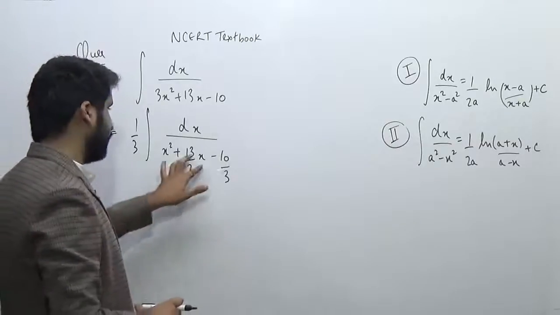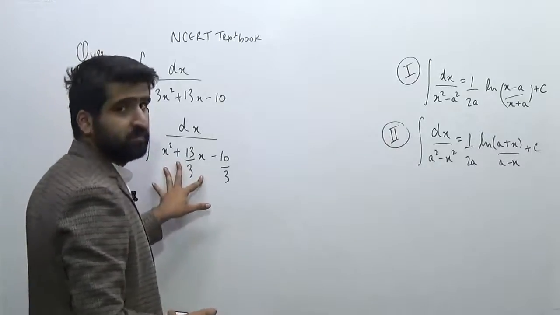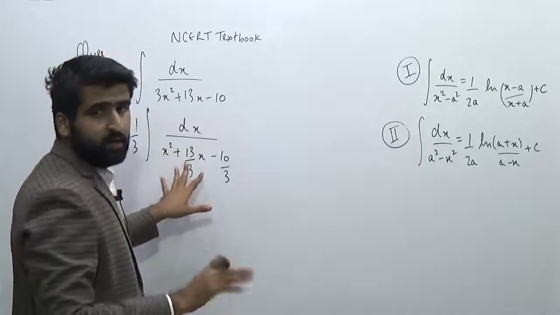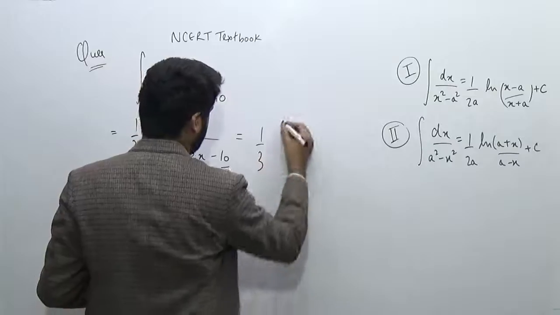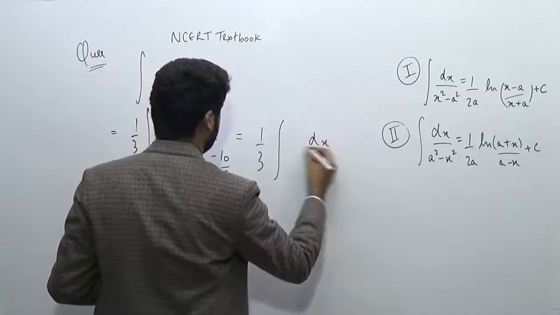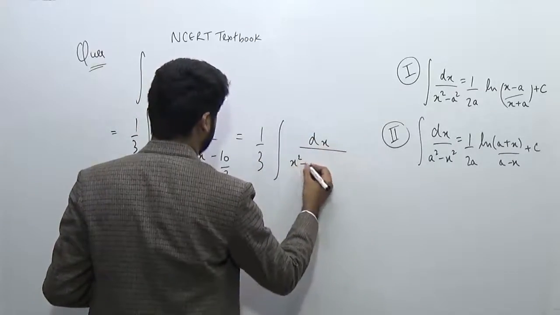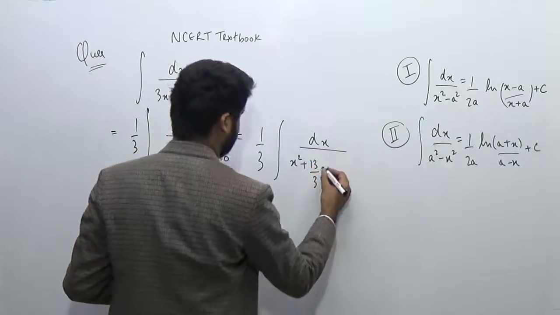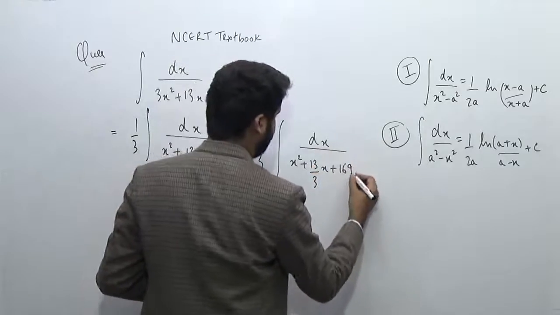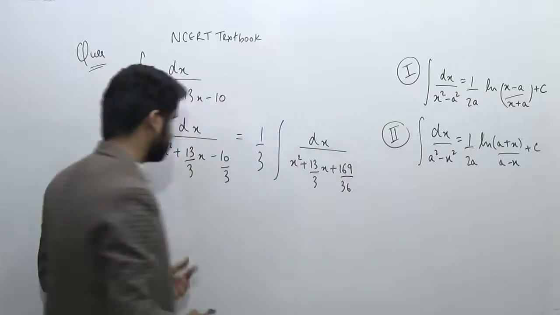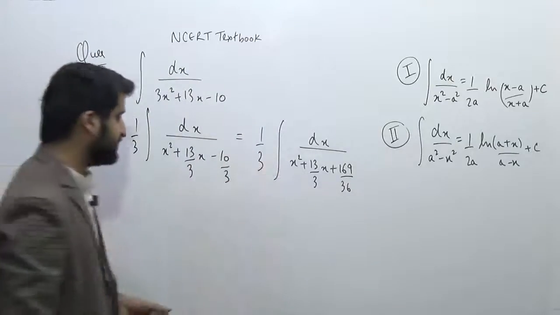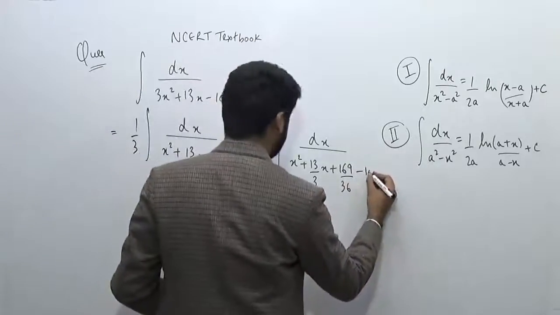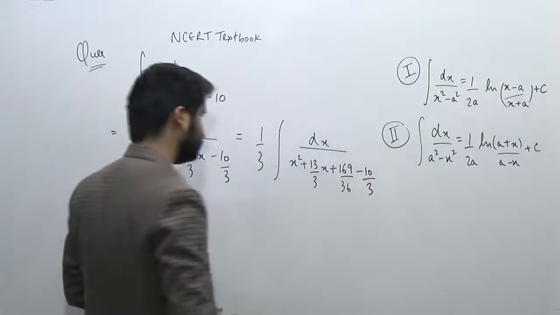Now I am going to convert this into a whole square. If you remember the method of completing the square, you can simply do this. This will become ∫dx/(x² + (13/3)x + 169/36 ...), where 13/6 whole square is 169/36, minus 10/3.